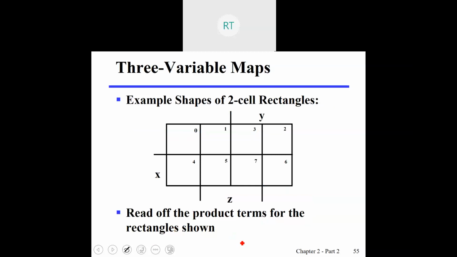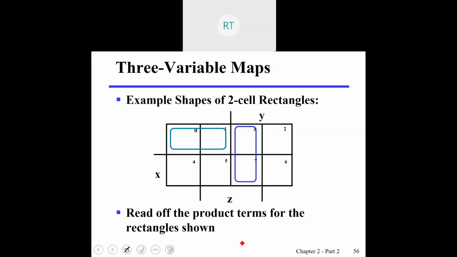I want you to look carefully. I am trying to give you examples of shapes that you could take. This is a shape.